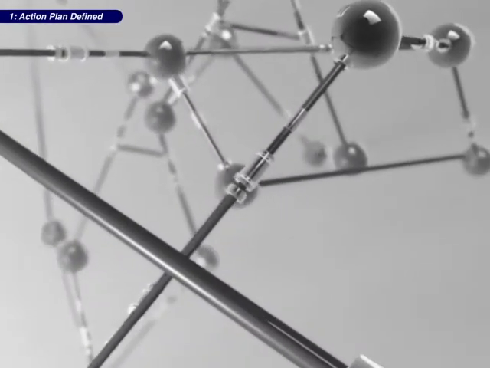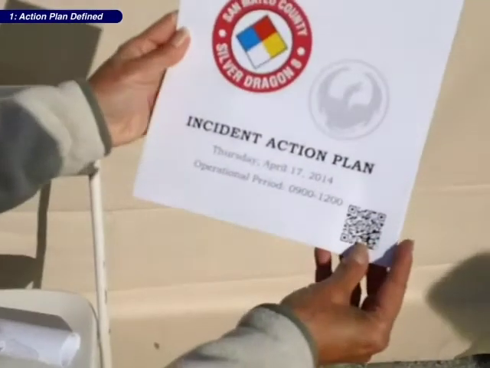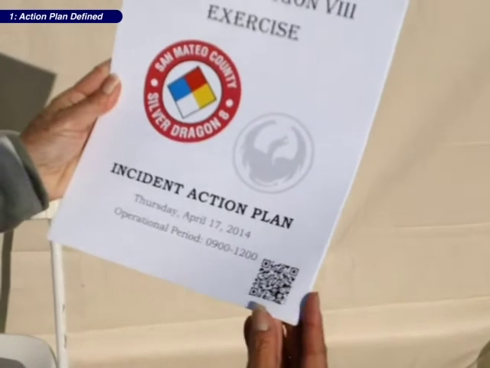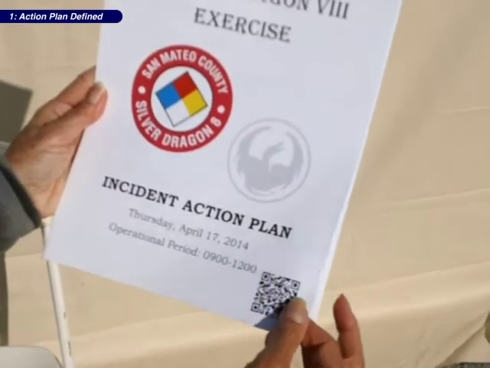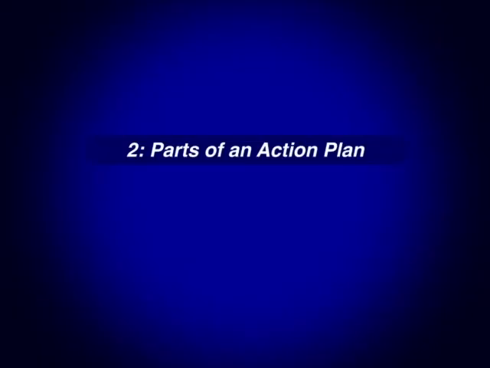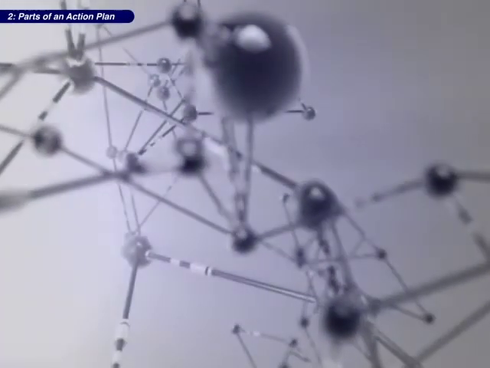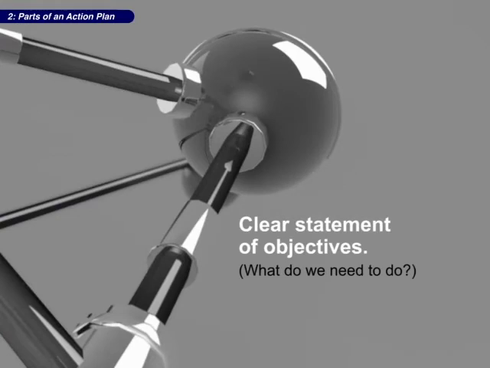Although an action plan can be verbal or written, action plans serve as documentation of the incident and the agency's response. In addition, a written action plan can be used for future emergency responses. To answer those 4 questions, at the very least, an action plan will include a clear statement of objectives.